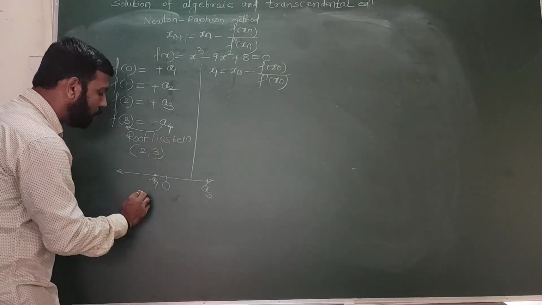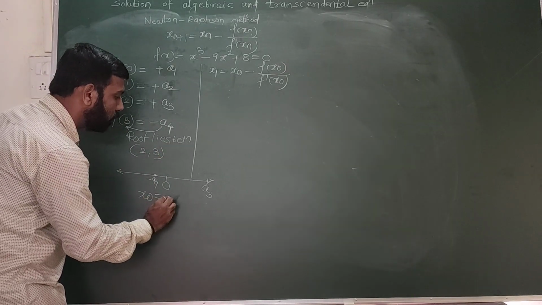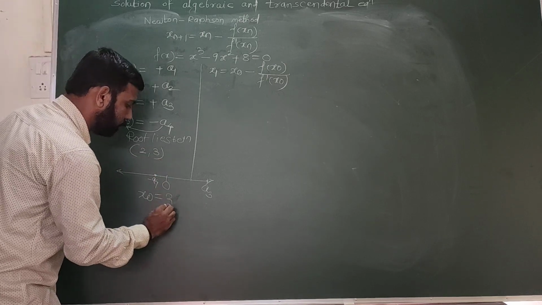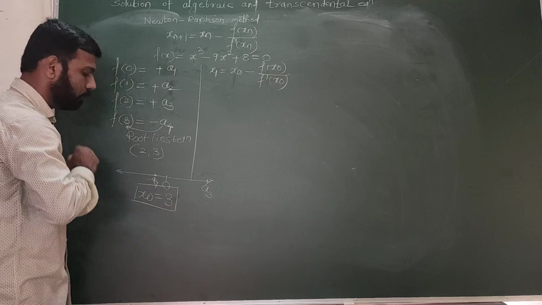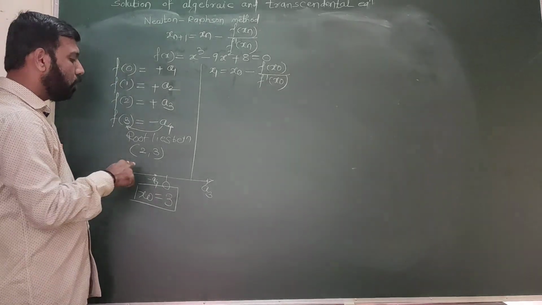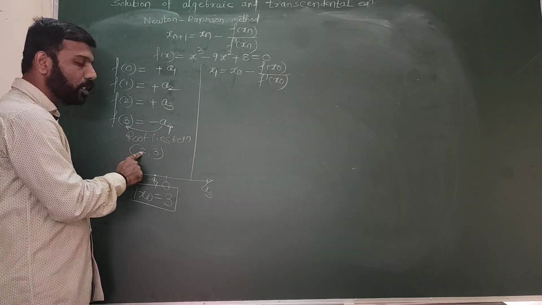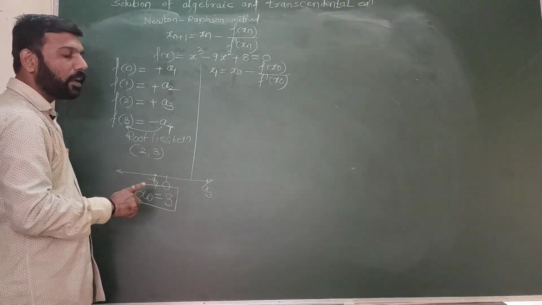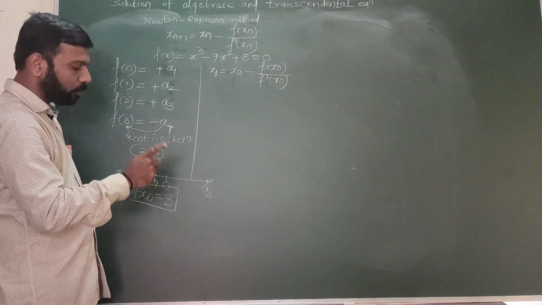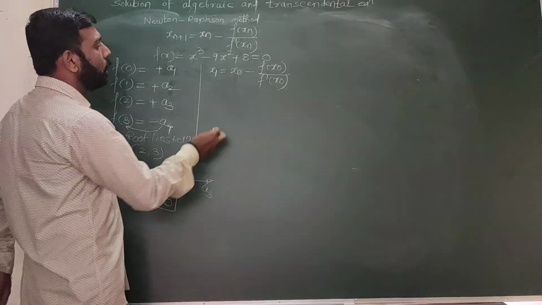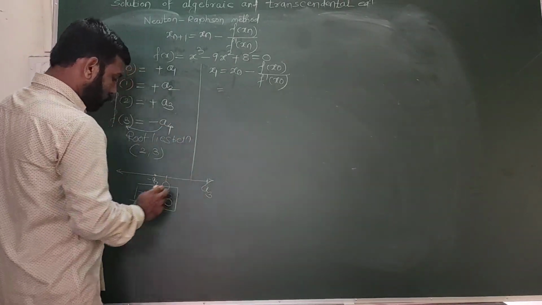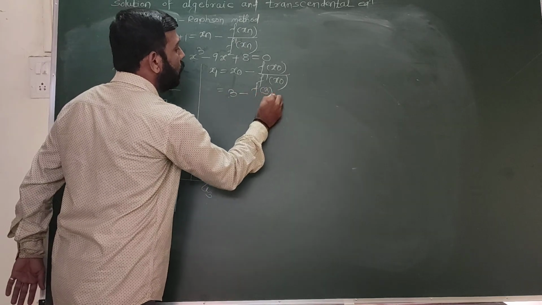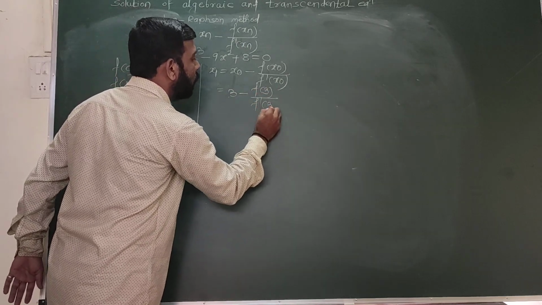So our claim is x0 is equal to 3. This is the conclusion. Or we can consider x0 equal to 2 or x0 equal to 3, but by this conclusion we can reduce our approximations. So we take x0 as 3. So x1 is equal to 3 minus f of 3 upon f dash of 3, and so on.